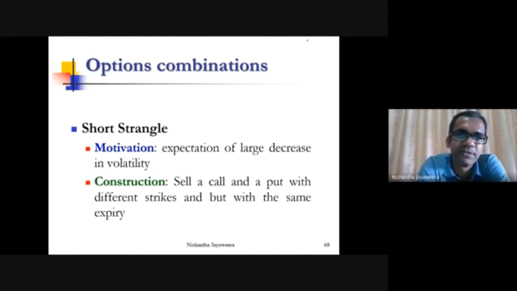Generally, we will use futures, forwards, and options as well. So you will see some applications of these products in risk management. Therefore, as I mentioned at the very beginning, all these are interconnected. So remember all those things when it comes to those classes.